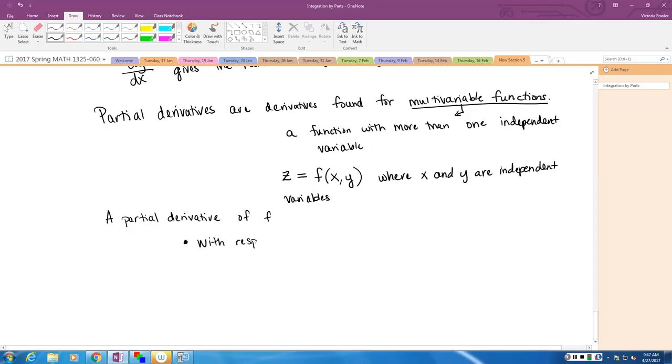You'll have the first case where you're taking a partial derivative of f with respect to x, you can write it is the derivative of f obtained by treating x as a variable and y as a constant.